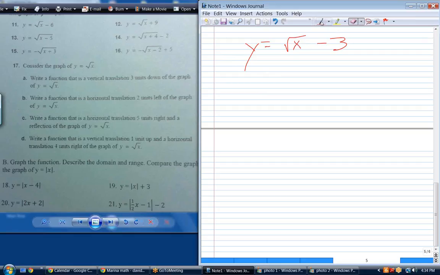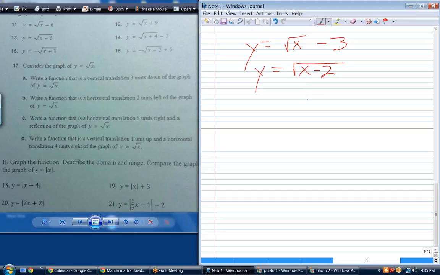So what's B? Y equals the square root of x minus 2. Well, if I started out with this and I asked you, what does this do, what would you say? Translates 2 units to the left. No, you'd say it goes 2 units to the right. Oh, okay. So it would be plus 2? Exactly. Remember, there's two ways to look at this.